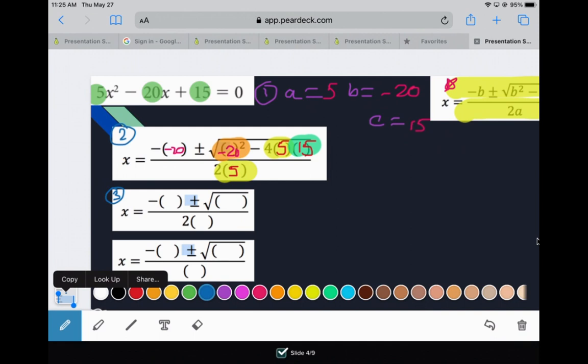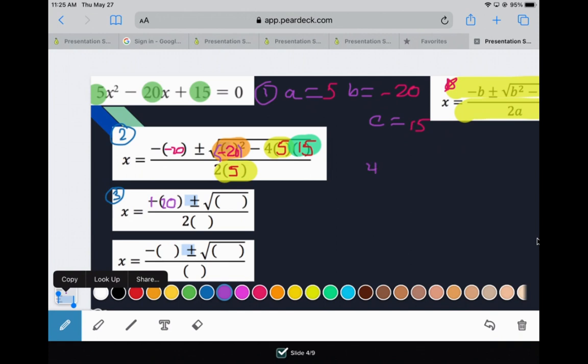Right here, for the negative 20, negative and negative, this will turn into positive. So I will change this to positive 20. Okay. So what I need to do is work inside the parenthesis. Notice this one is negative 20 to the second power. So be very careful.